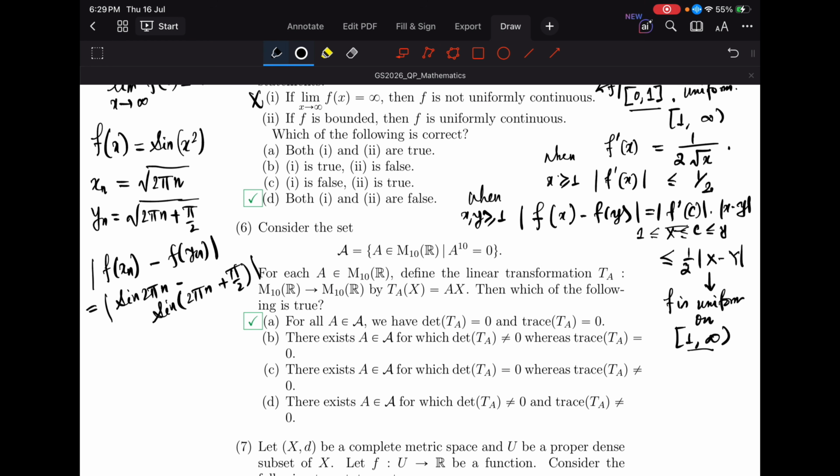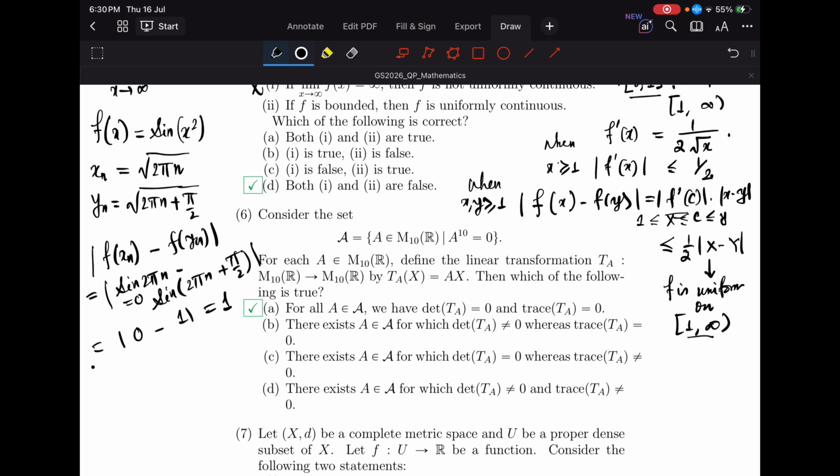So this is 0, so the mod is 0 minus 1, which is 1. So mod of f of xn minus f of yn is 1, right?